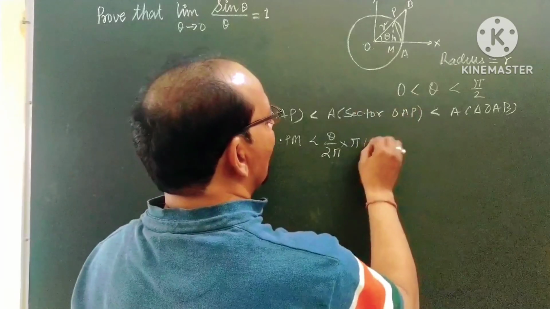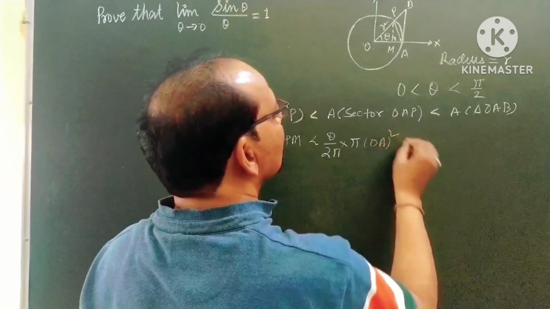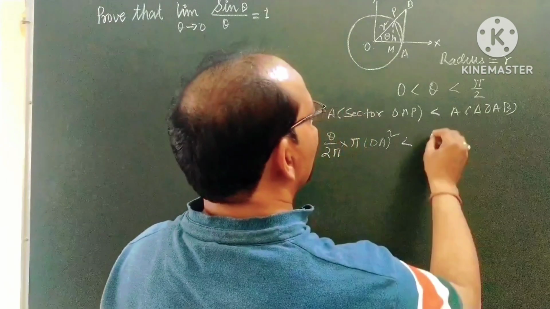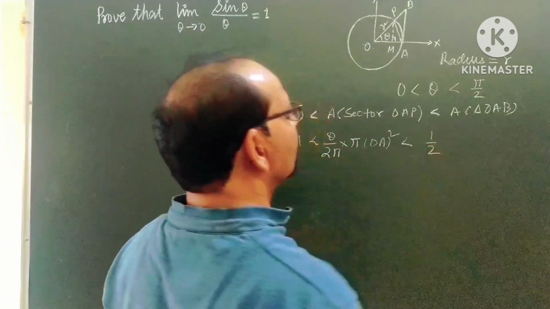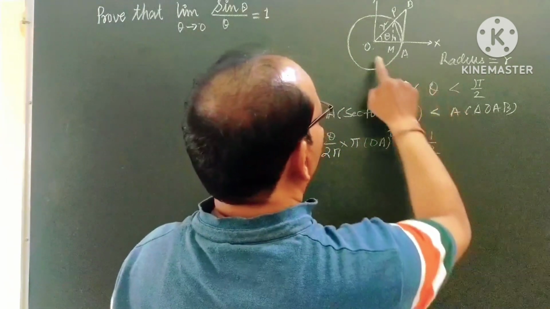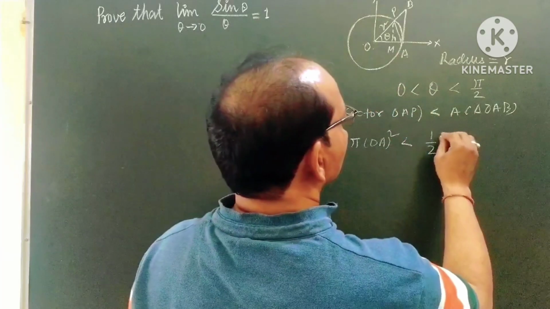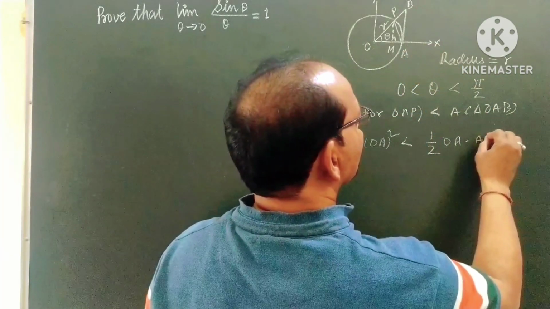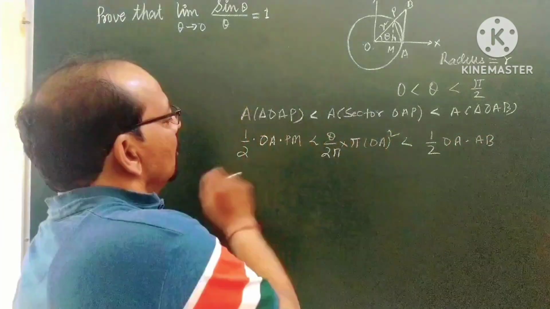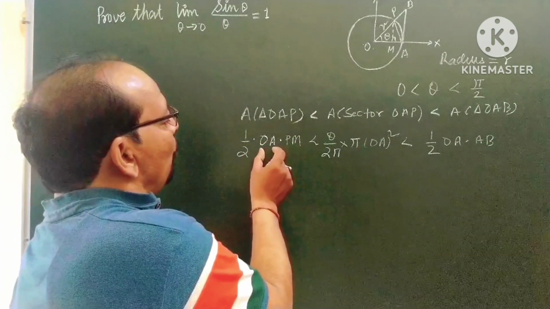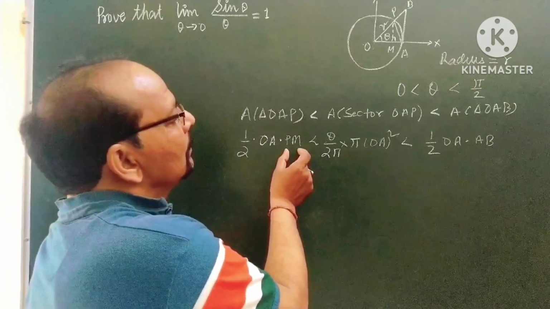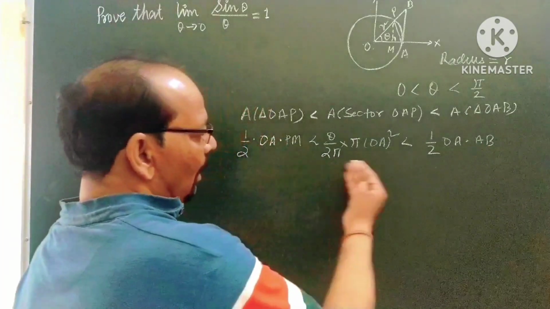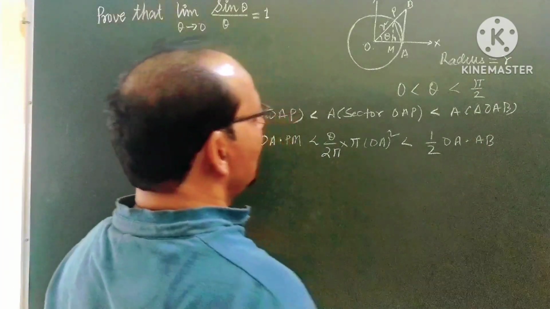R means OA square, less than area of triangle OAB. There will be 1/2 OA into AB the perpendicular. On putting the value of OA and PM and here AB also, we get the area of this.